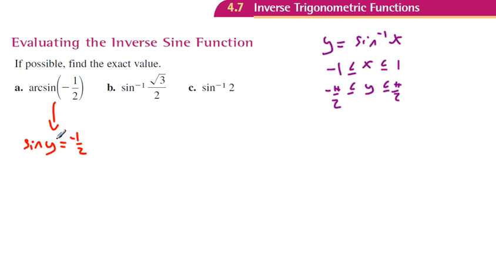Now, notice how I used y, because if you come over here to our range values, notice that the y values are the angle. So the sine of what angle is -1/2? Or the same way as saying the sine of what arc is -1/2. So that's where this comes from.